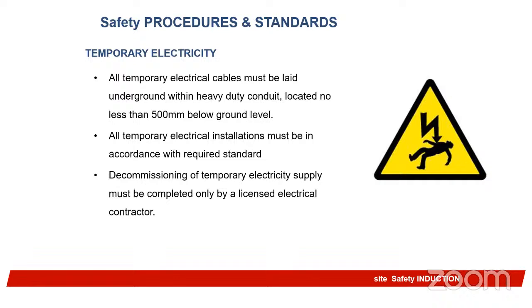Yes, we do overhead connection, but from the standard, temporary underground connections are within heavy-duty conduit, and it should be nothing less than 500 millimeters below the ground level. A temporary electrical installation must be in accordance with the required standard. The commissioning of temporary electrical supply must be completed only by a licensed electrical contractor.